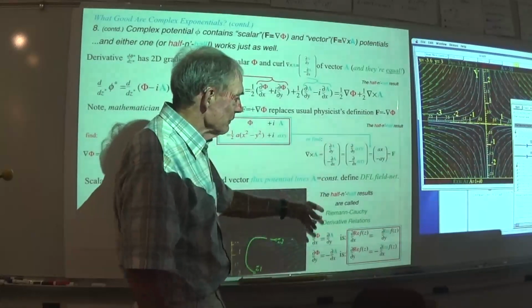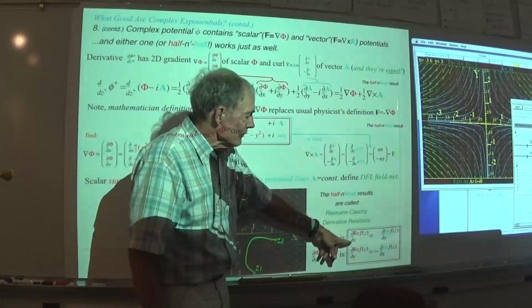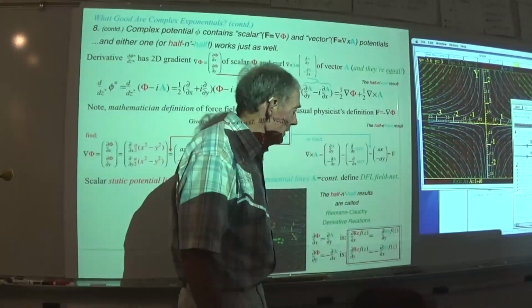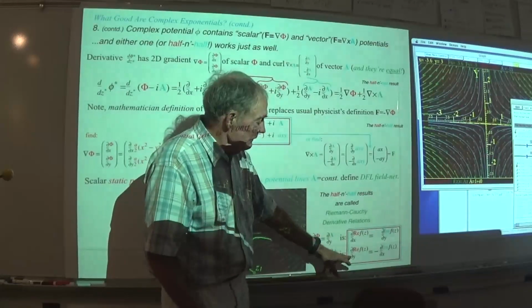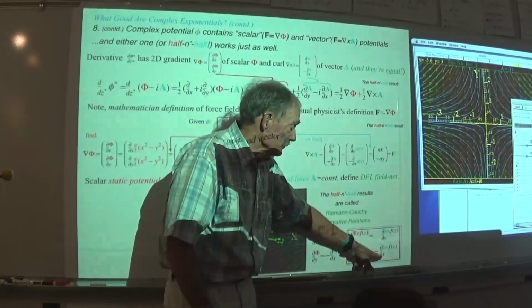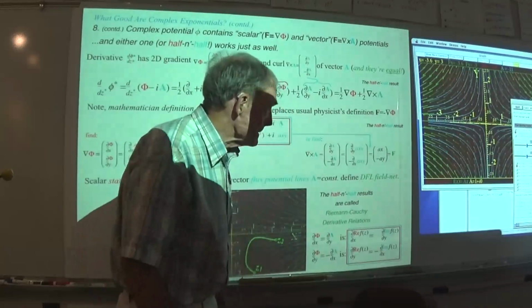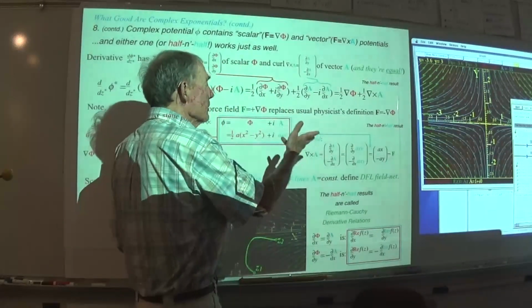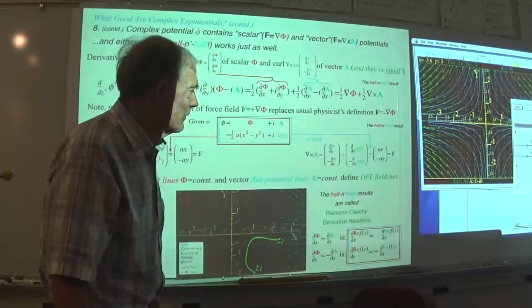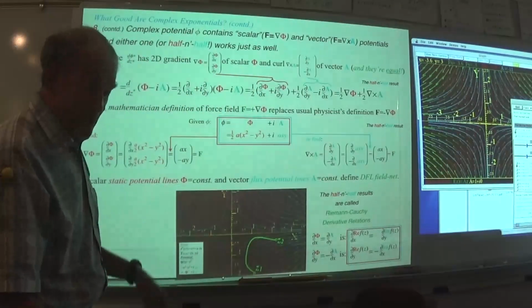The half and half results are having the x derivative of the real part be equal to the y derivative of the imaginary part, and the y derivative of the real part be equal to minus the x derivative of the imaginary part. But here's a physical way to see them. There are other ways to see these, but that's one of them right there that I point to to get started here.